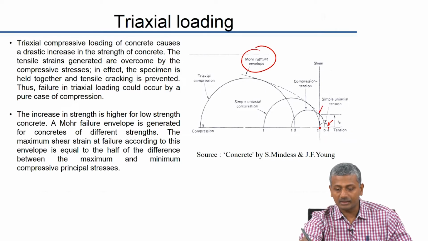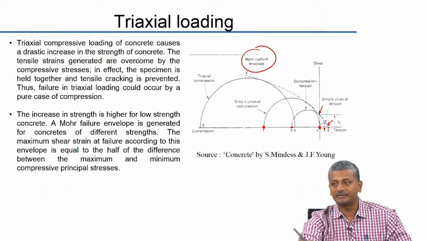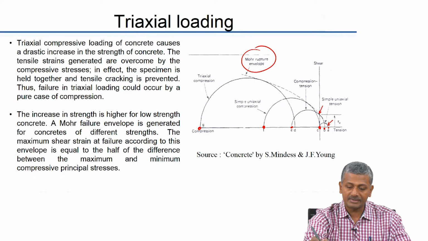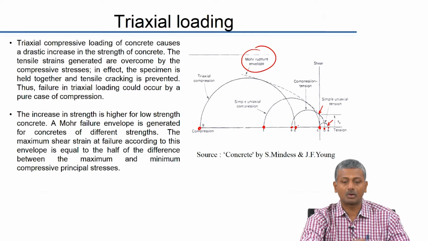The second curve is a compression tension system, and the third is uniaxial compression, because there is 0 stress along one of the axes and compressive stress along the other. And this is the case of triaxial compression, with compression along all directions.